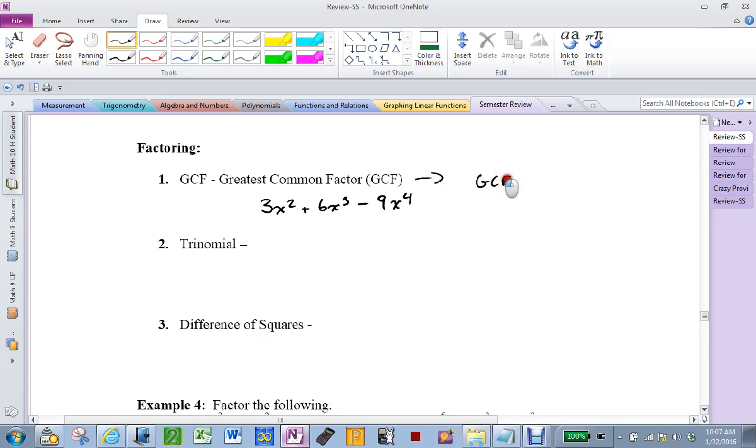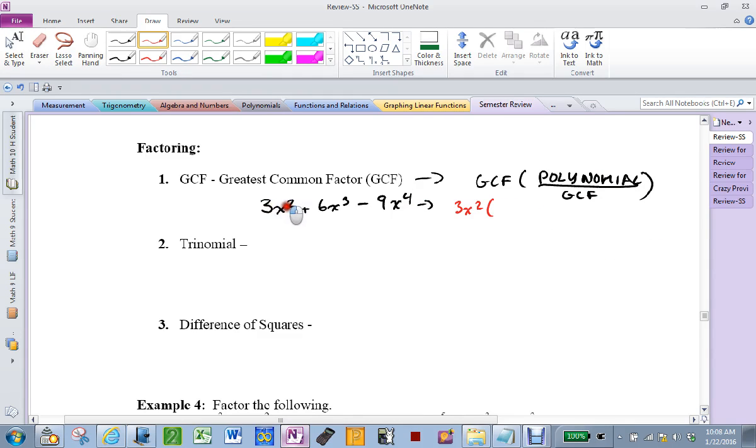The GCF multiplied by the polynomial divided by the GCF. That quotient. So there's my polynomial. So I want the GCF outside, 3x squared, and I want the quotient inside.